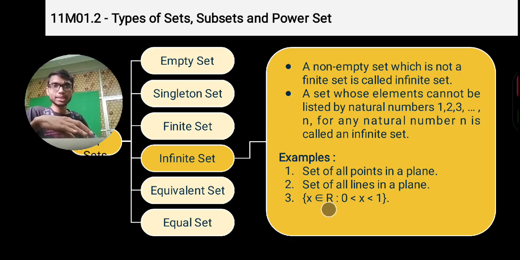Third, in set-builder form: x belongs to R such that 0 to 1, we will start from 1.